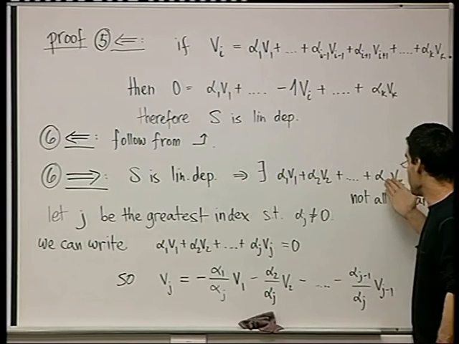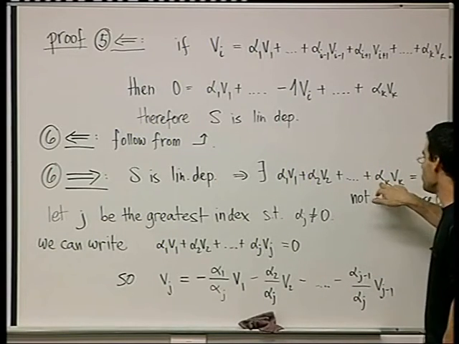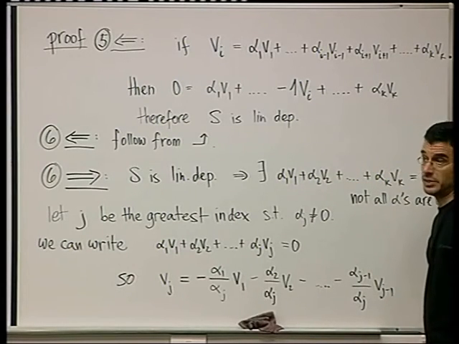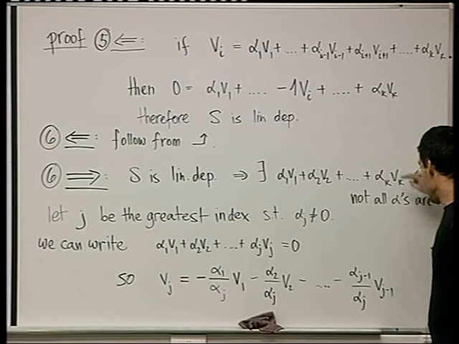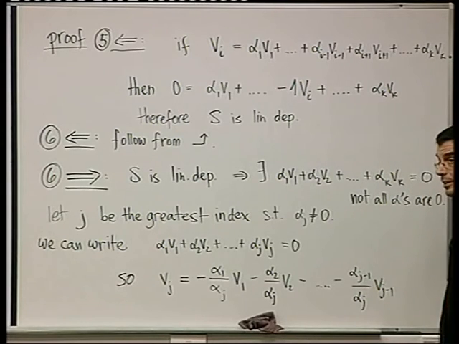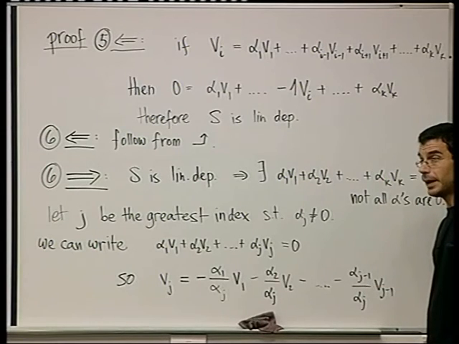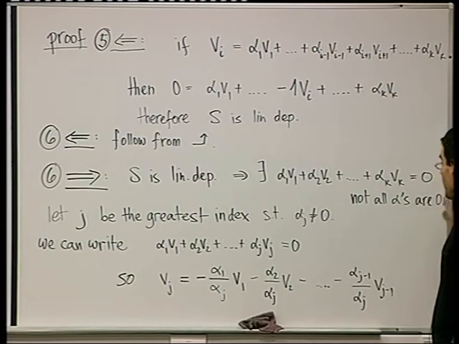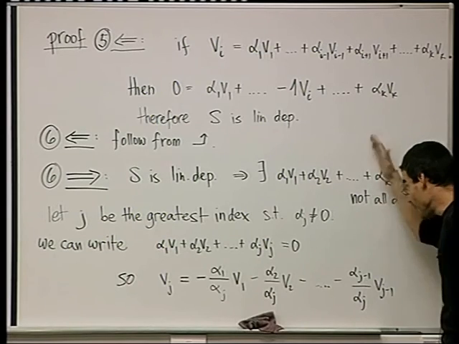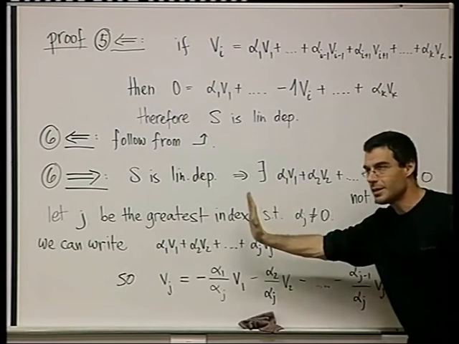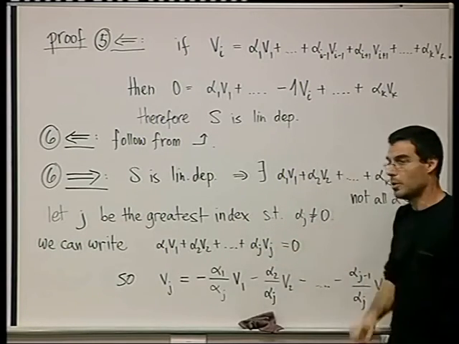Because suppose we would try to do this trick and say Vk is a linear combination of its predecessors, which are all the rest. It would mean move this to the other side and divide by alpha k. But maybe alpha k is 0. You can't divide by it. Right? So therefore I'm saying, okay, Vk is not going to do it. It's not a linear combination of its predecessors. Throw it out. Throw all the guys out until you reach from the right, one that has a non-zero coefficient.